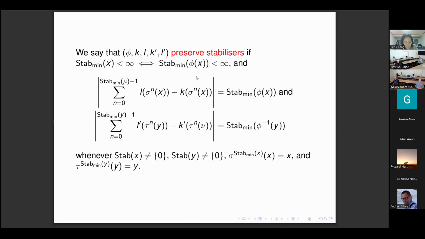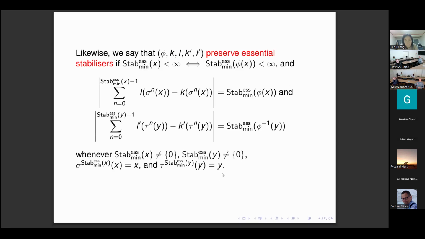So a periodic point corresponds to a periodic point under P. Simply, the orbit equivalence not only matches the structure of orbits, but also respects their periodic behavior, including the number of steps needed to return to the starting point. Also, we have a notion of preserving essential stabilizer.